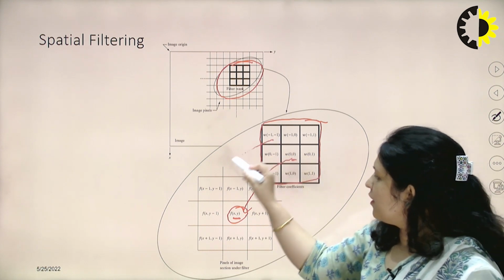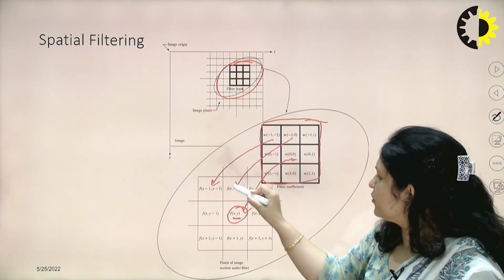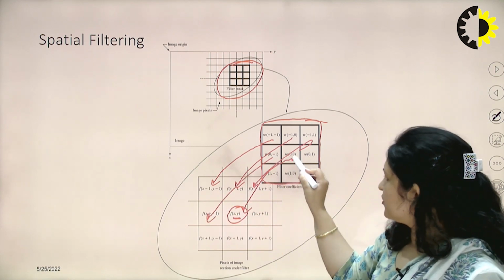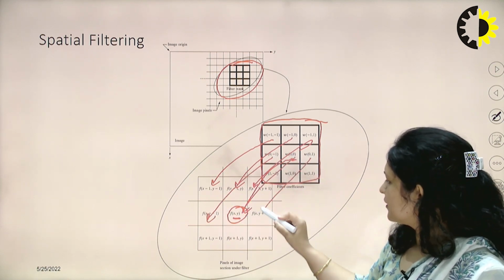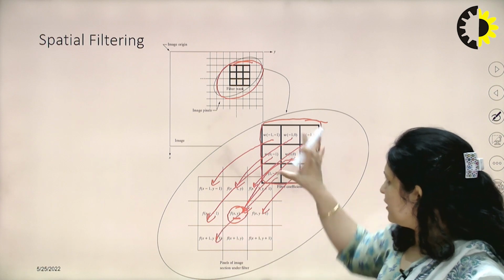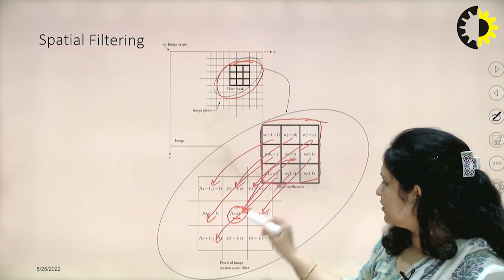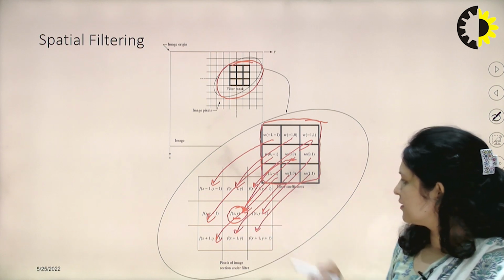So all the corresponding values would superimpose over this, and this would superimpose over this. We are keeping the mask over this particular image.